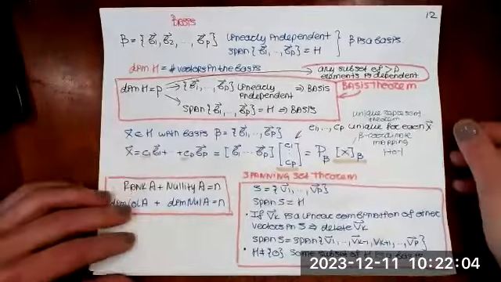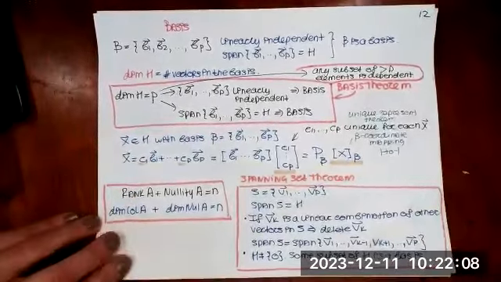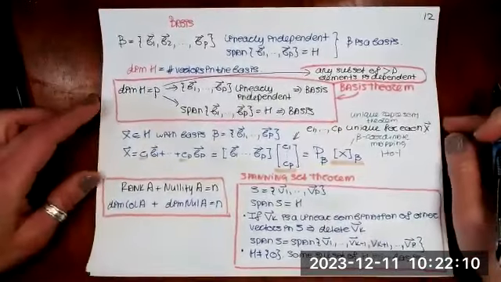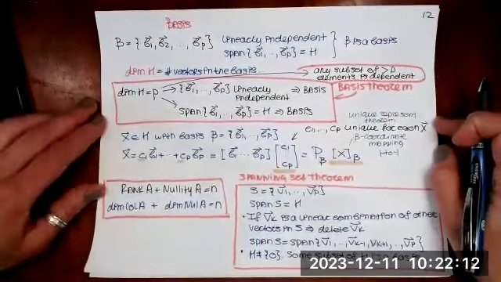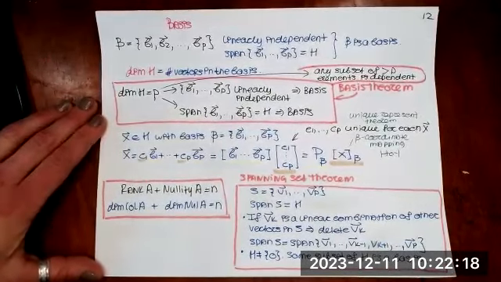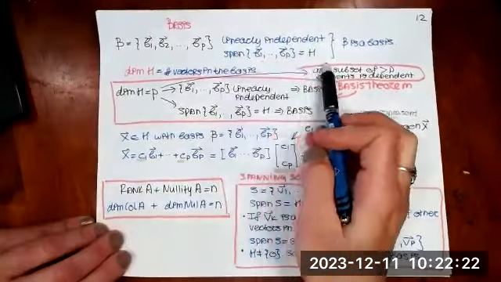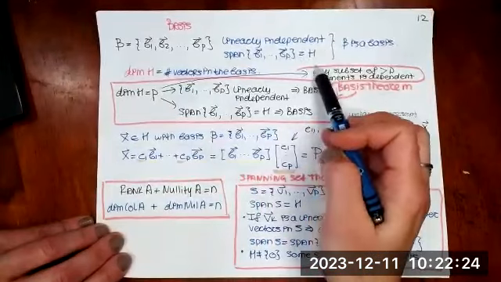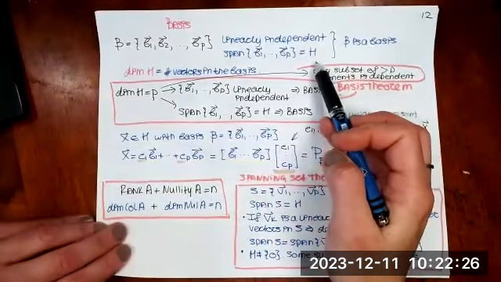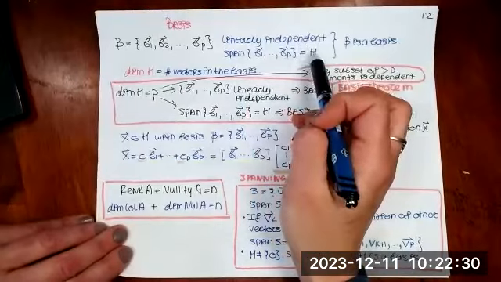So basis, we did a lot with basis. We had a bunch of little theorems here, but to put everything together, what makes a set of vectors a basis? We have basically two conditions. The span of those vectors equals H, my subspace, and not only that, I want them to be linearly independent.